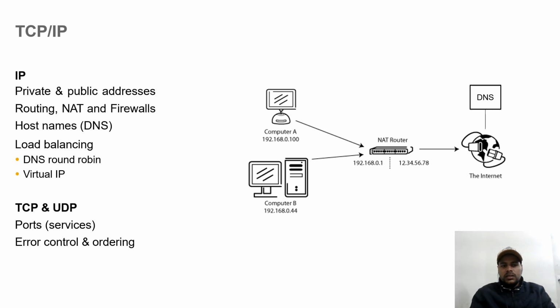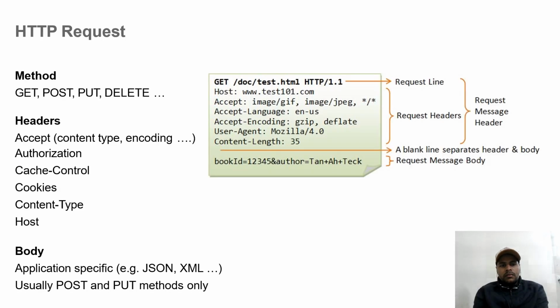And the other is TCP and UDP. These are port services used in error control and ordering of packets, that is, the data to be transferred. Now, when we have to get any data, first we have to send an HTTP request.